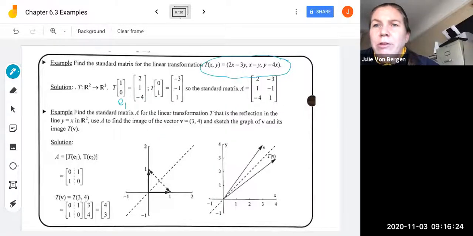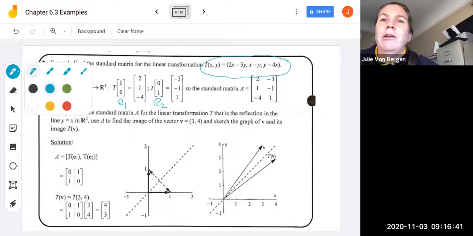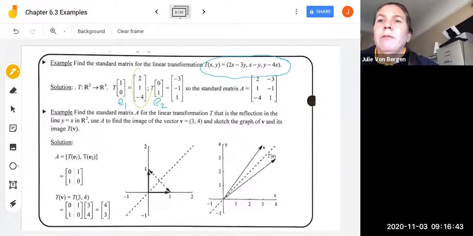And then T of E2, which is 0, 1 here in R2, our second standard basis vector, is going to be negative 3, negative 1, 1. So we put these two columns together to get our standard matrix A.